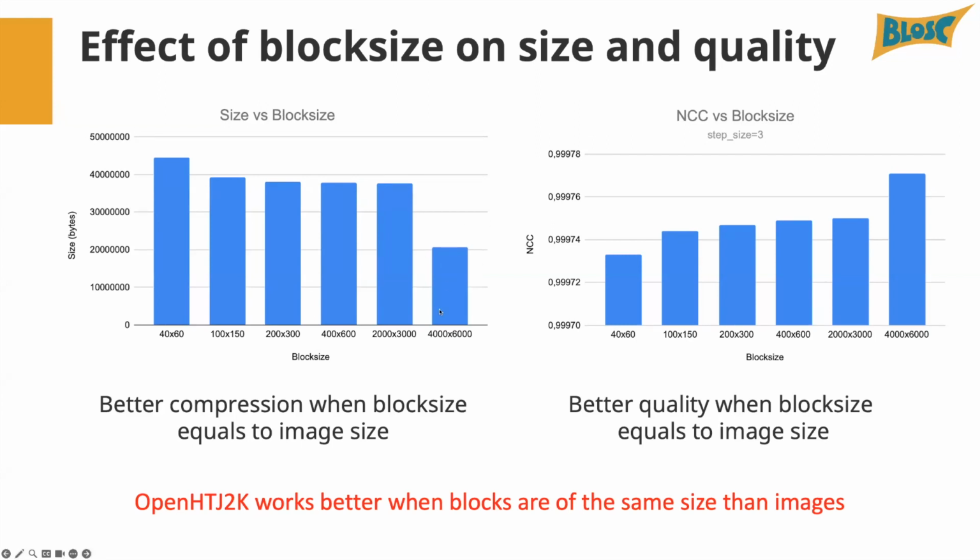So it is this bar on the left side here, on the right side, sorry. And also for NCC, which is also a metric for quality, we can see that we have the best quality when we match the image size with the block size. So that means that in general, OpenHTJ2K works better when blocks are of the same size as the images.